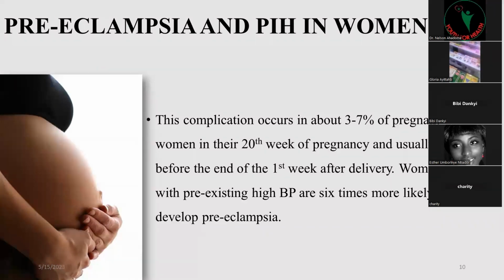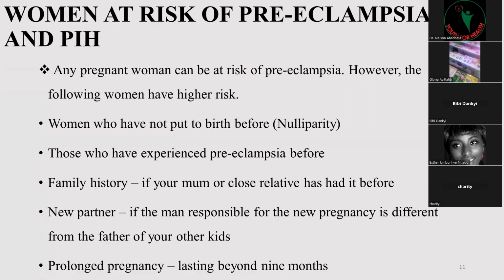So if you're a woman who is preparing to give birth, you have to be checking your blood pressure when you go to the hospital, or there's a pharmacy near you, or you can get an Omron BP machine to be checking your blood pressure often, so that you know whether you are at risk of developing high blood pressure during your pregnancy.